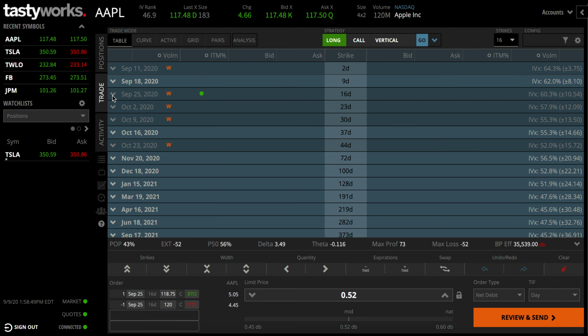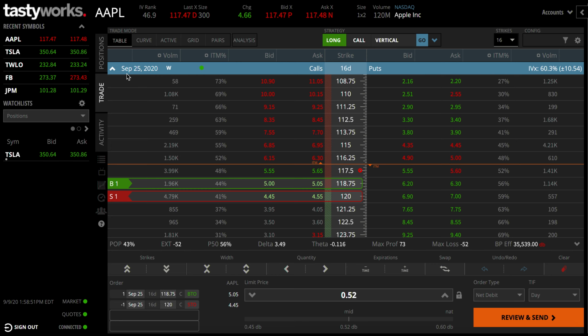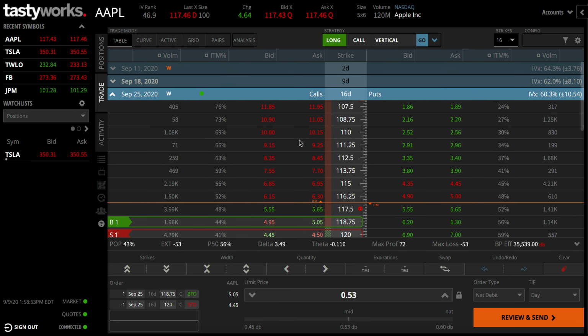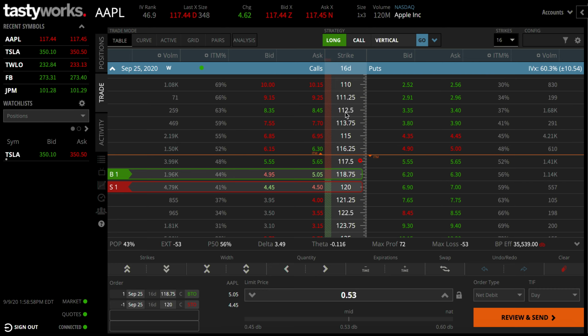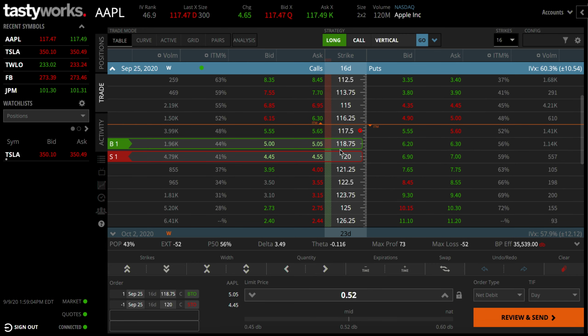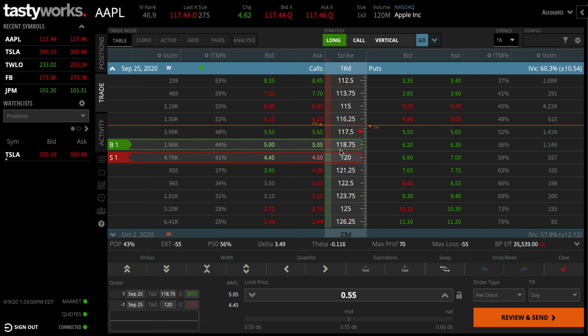So let's continue. This is September 25. Within that you have a lot of strike prices, right? You can see 10, 11.25, 12.5, 13.75, 15, 16 and all those. So you can select anything. One thing though: in a vertical debit spread, your buy leg strike should be lower than your sell leg.